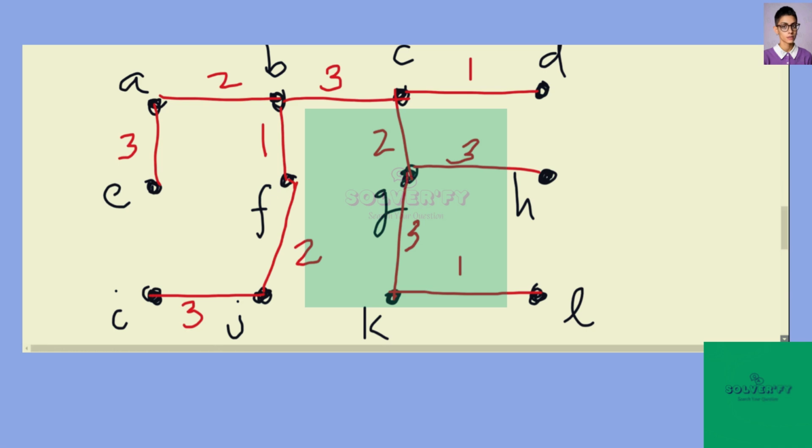So that means we must add the edge BC and we must add the edge GK.